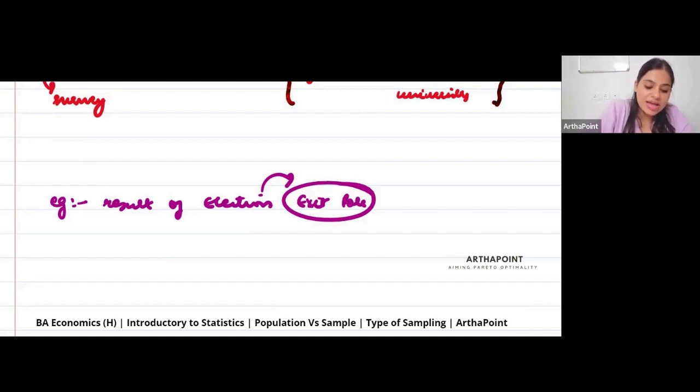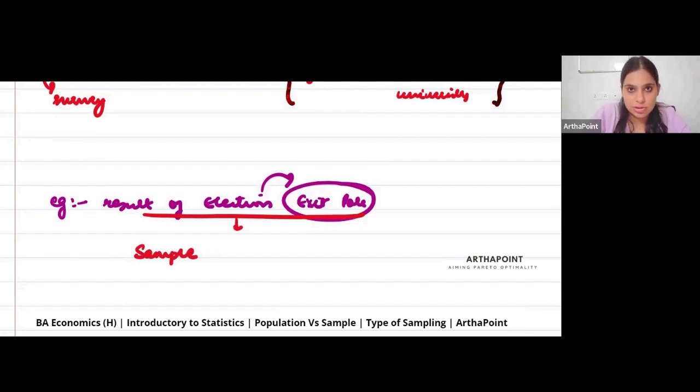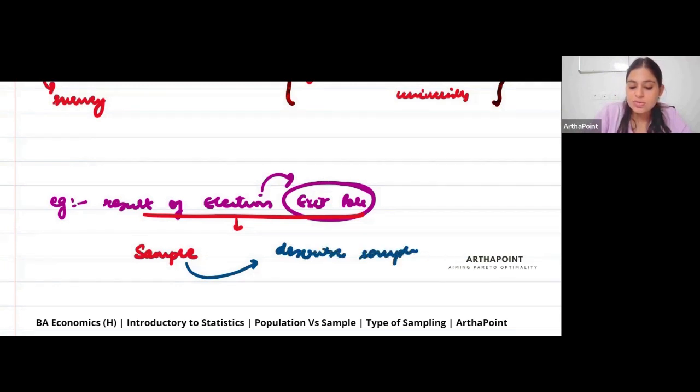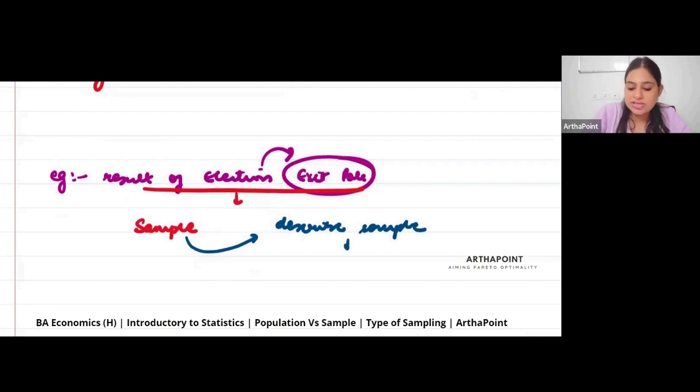So from the entire population, I collect a sample of the population. My next aim would be to describe the sample. So maybe I will describe the sample based on the averages.